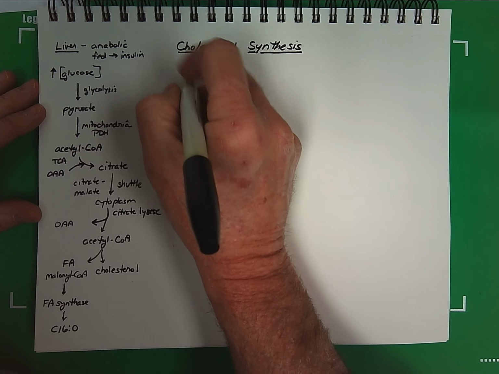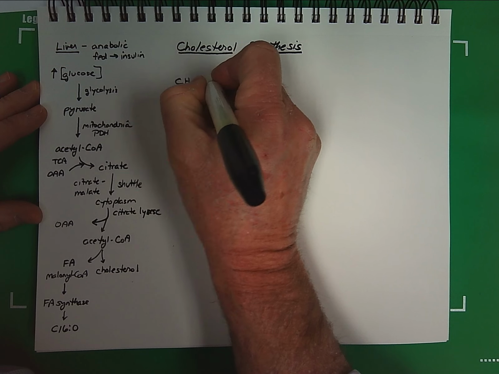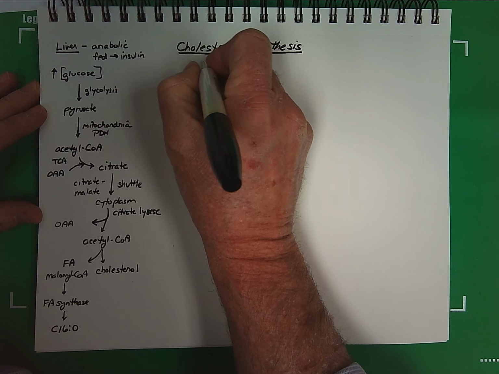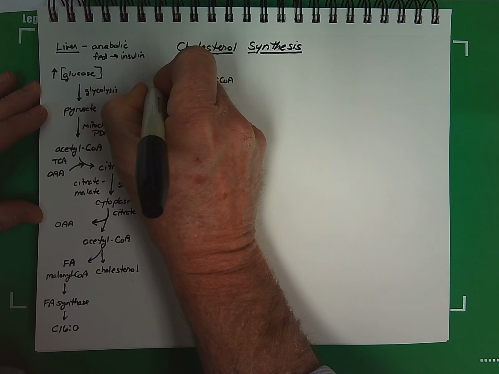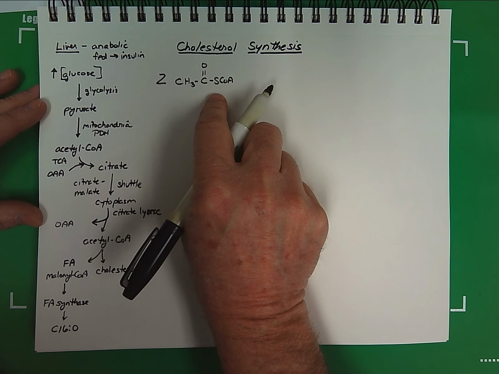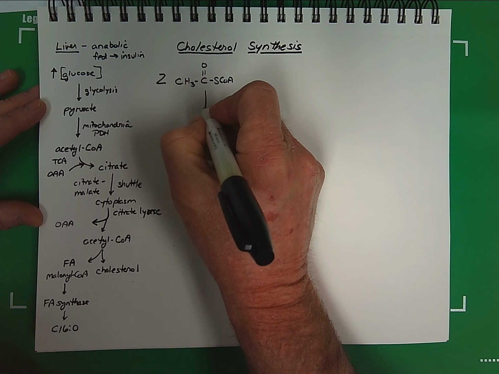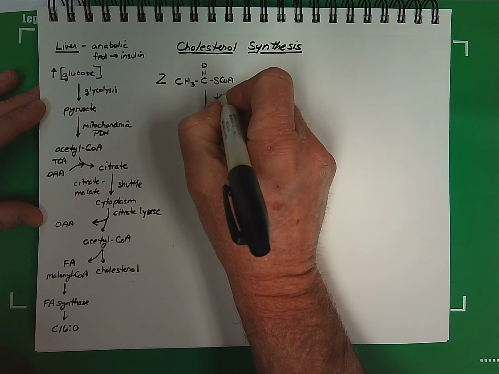So let's take a little closer look at these reactions. The first step in cholesterol synthesis is we are going to be taking two acetyl-CoAs, and we are going to be condensing these two molecules together by the enzyme thiolase.